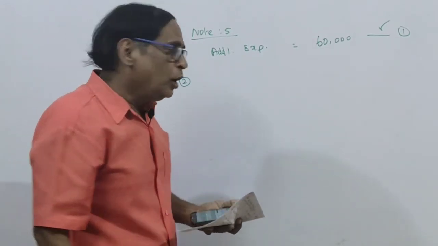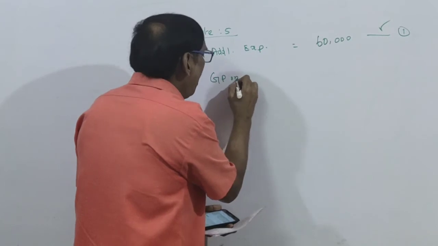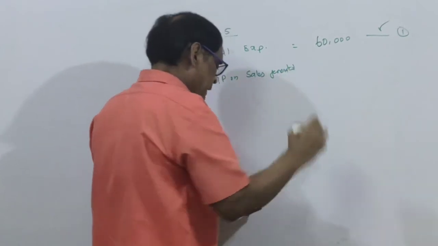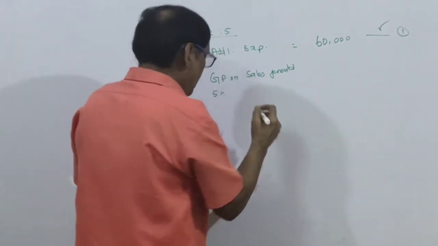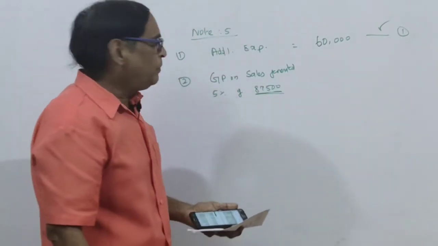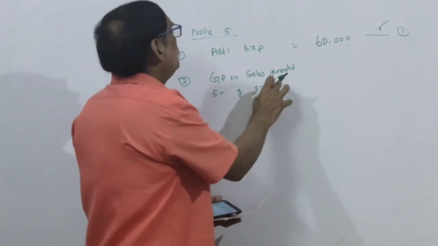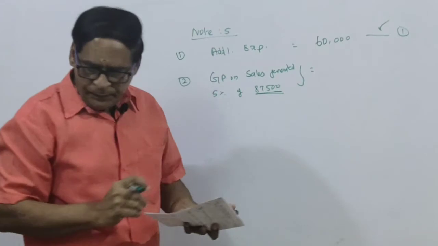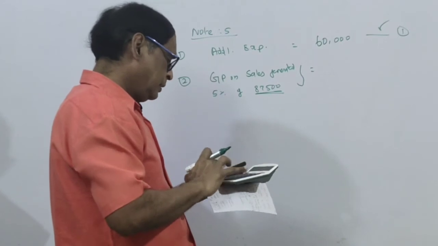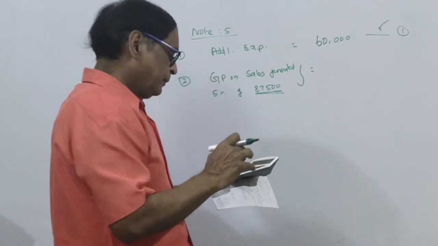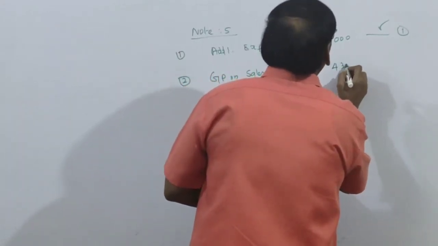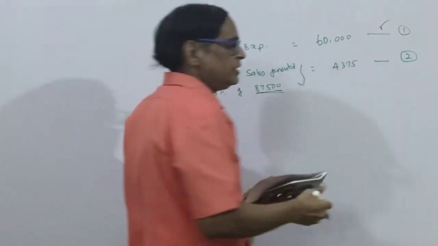So we have to find out the gross profit on sales generated, 5% of 87,500 rupees, because this sales belongs to the period 1st April to 30th June of 2012. 87,500 into 5% will come around 4,375. This is another stage.